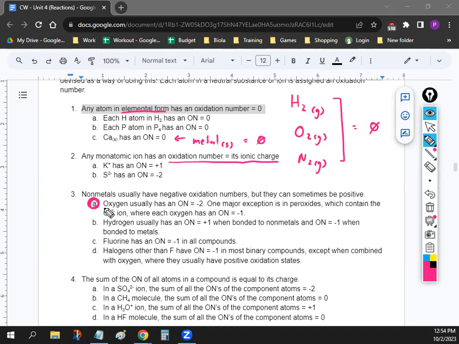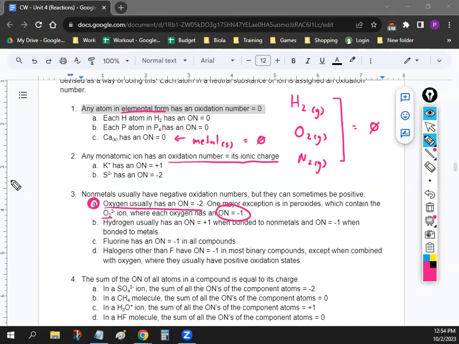So oxygen, 99.9% of the time will have an oxidation number of -2. The big exception that they might try to trip you up is peroxide, which is an O2 2- ion, and that's where oxygen has an oxidation number of -1.